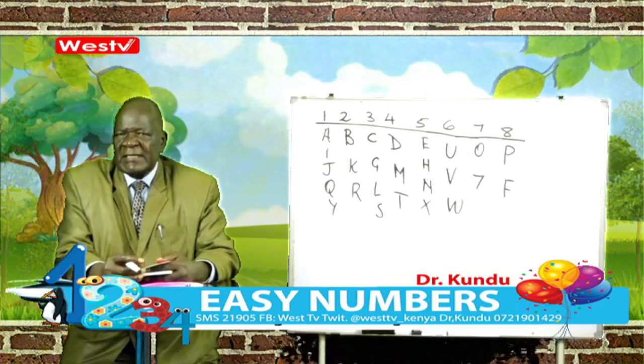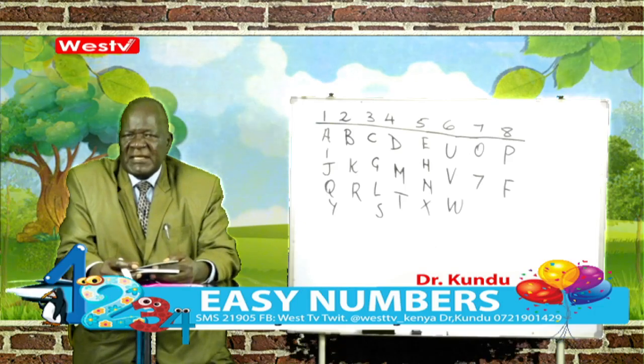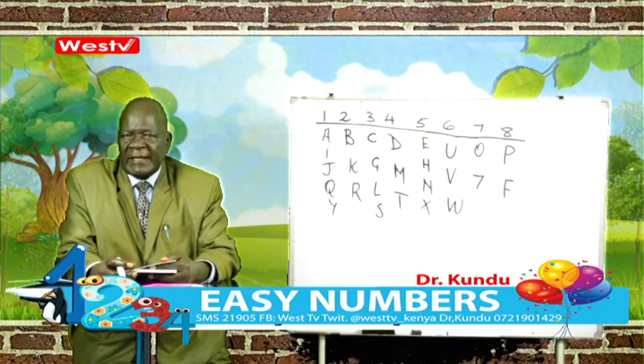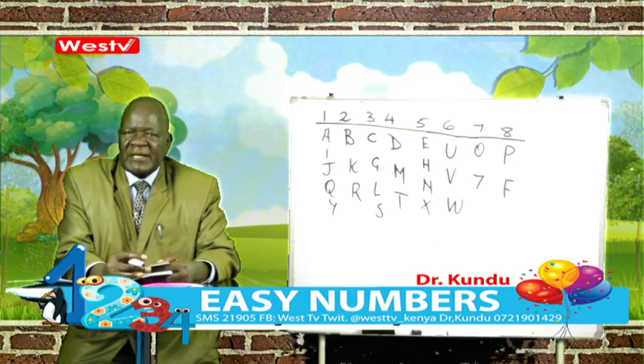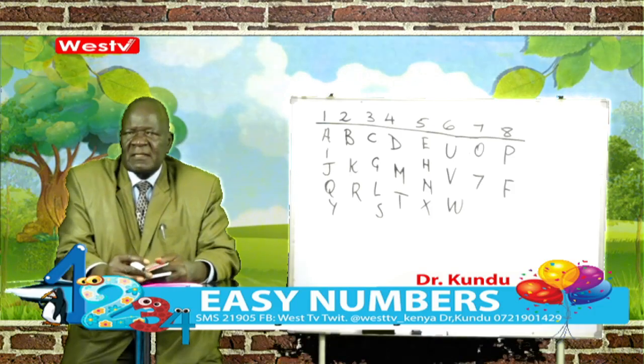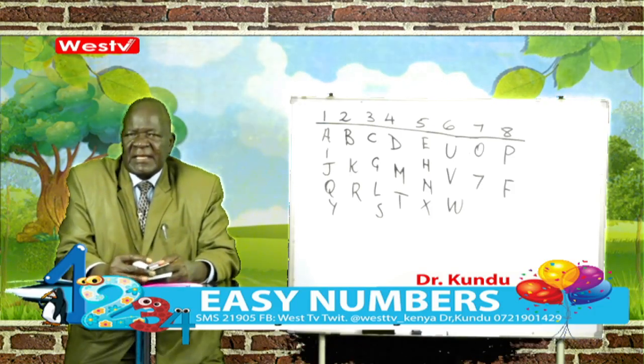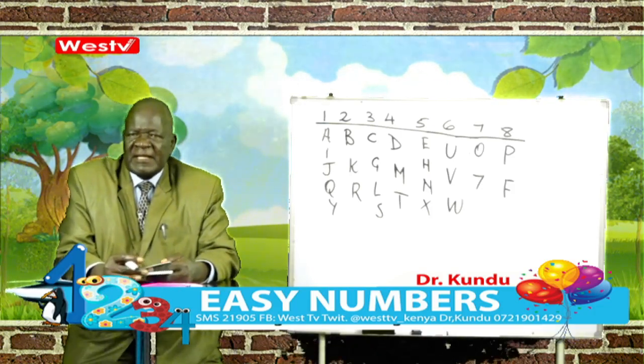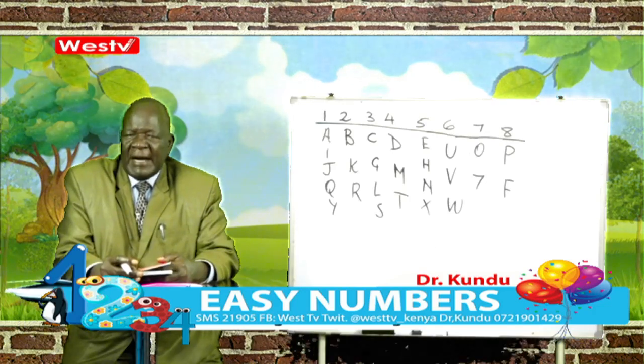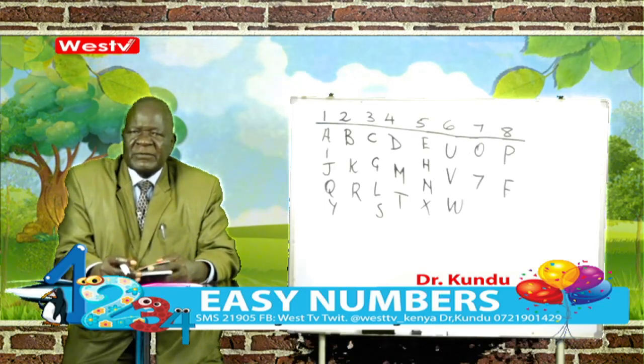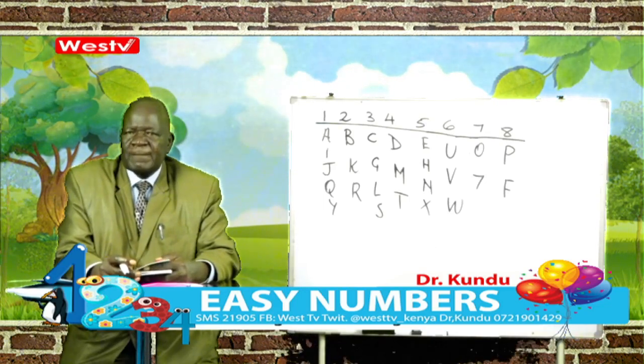And when you see the letters C, G, L, and S, all those vibrate to the numeral 3. And when you see the letters D, M, and T, those vibrate to the numeral 4.